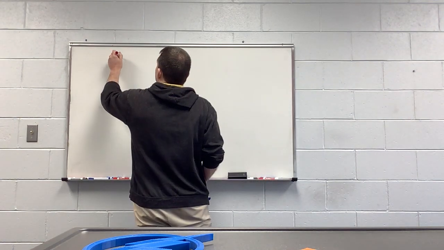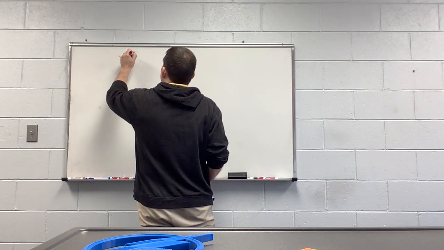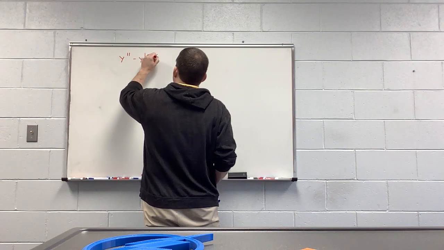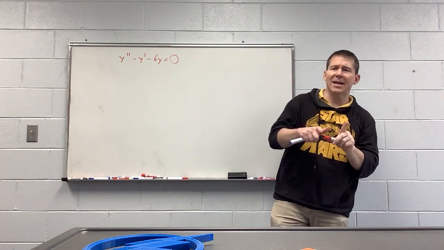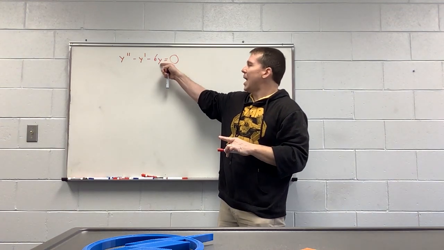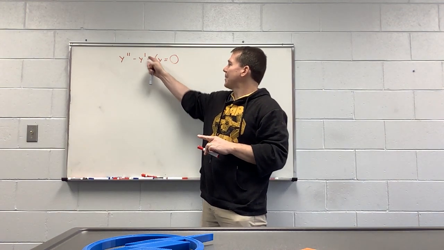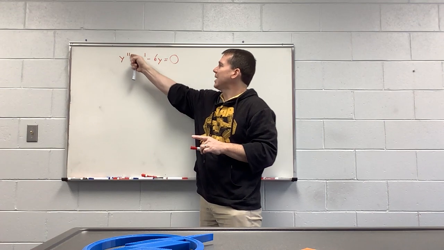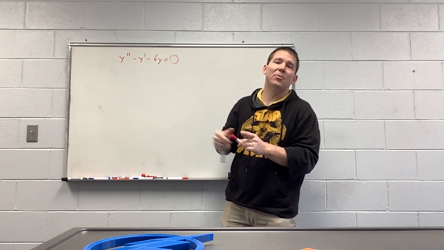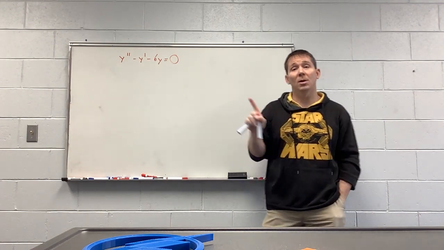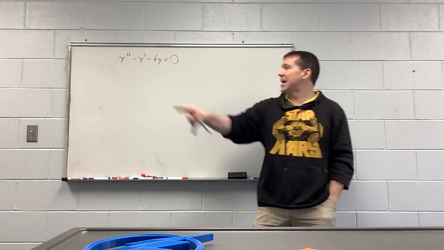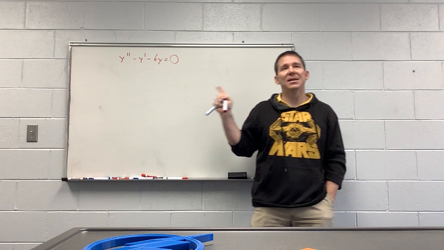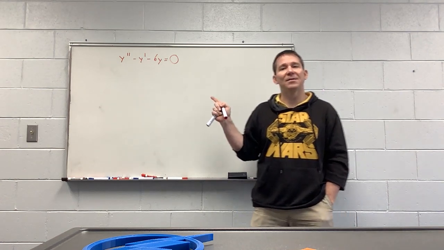As an example, suppose I have y double prime minus y prime minus 6y equals 0. And keep in mind here, y is a function, y prime is the derivative of y, and y double prime is the second derivative of y. The goal of this and of all differential equations is to find y, the function that you can plug in to solve that differential equation.